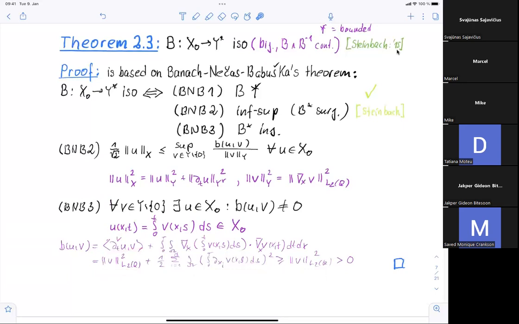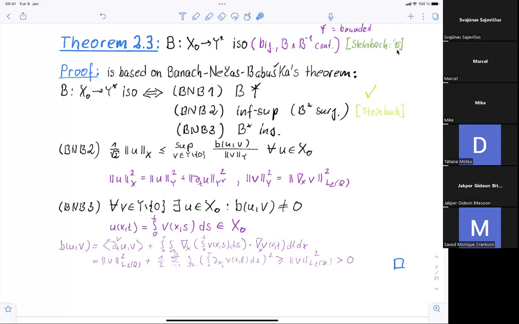So B is an isomorphism. This is the best that you can expect, and you have all constants. Also the constant of the bilinear form here is square root of 2, the boundedness constant for the Laplace operator, of course. By the way, when you have an estimate of the norm of the inverse operator, you have a priori estimates.